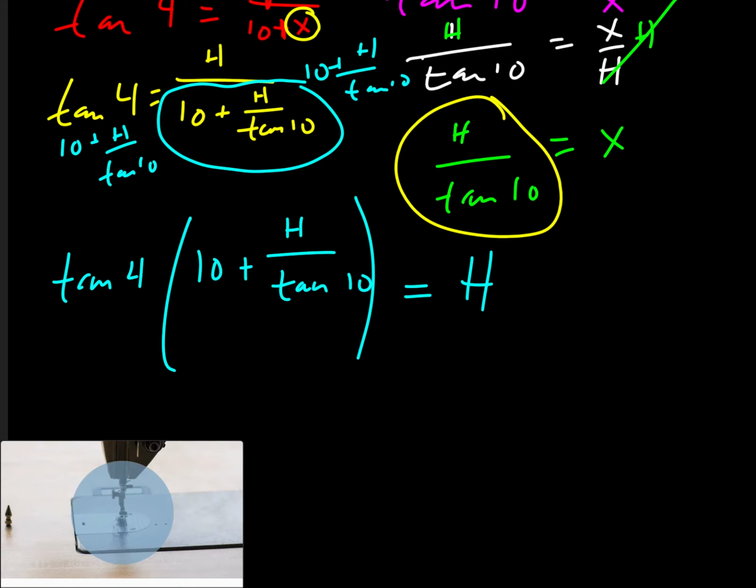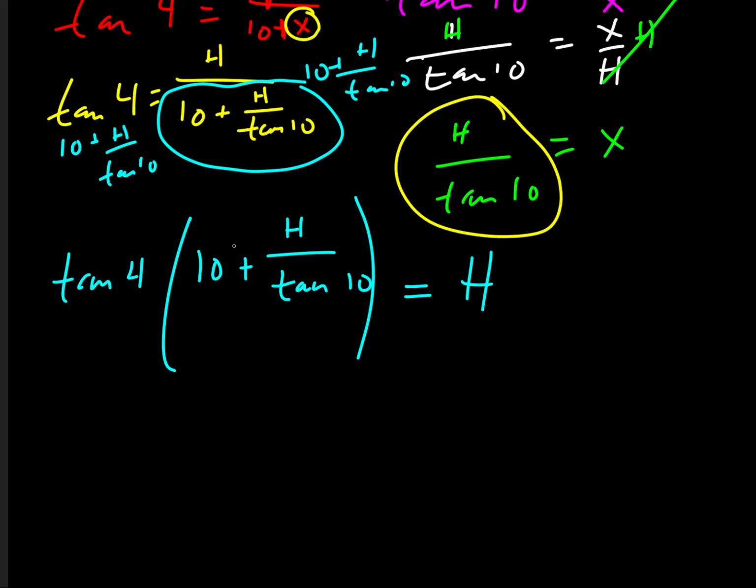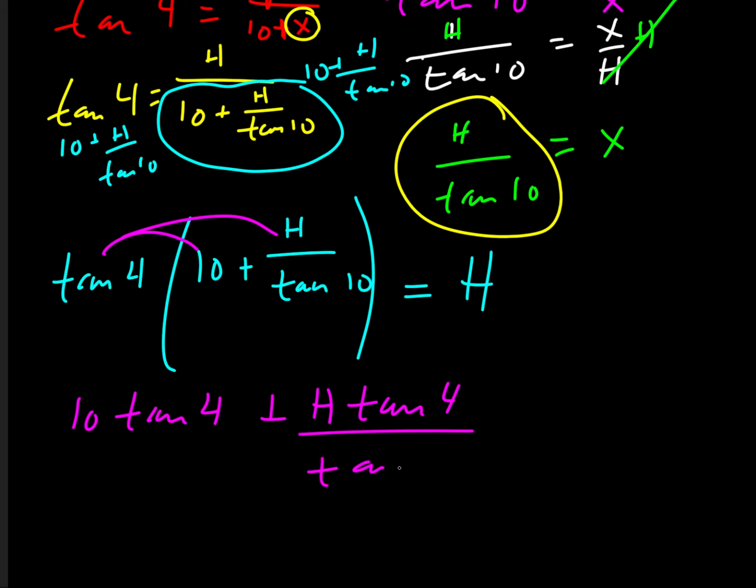Now we need to break up these fractions somehow. Let's see, what's the best way to do this? I want to get rid of this. Maybe it's easier if I do this first. Okay, I'm going to distribute this first. So I'm going to get 10 tan 4, multiplying both pieces by tan 4, plus h tan 4 over tan 10 equals h.